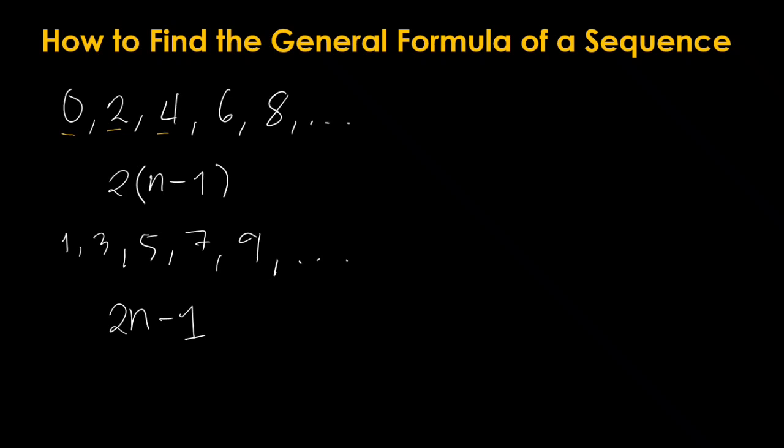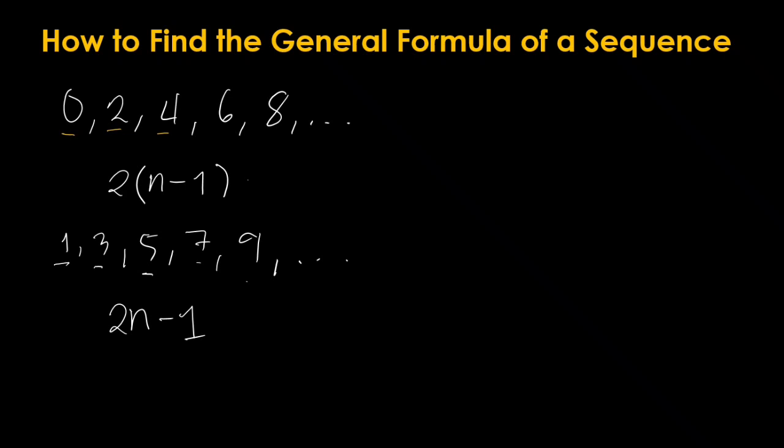We can verify this. If your n is 1, we have 2 times 1 is 2, minus 1, we get 1. When your n is 2, 2 times 2 is 4, minus 1 is 3. n is 3, 2 times 3 is 6, minus 1 is 5. And you can verify the rest of the terms.